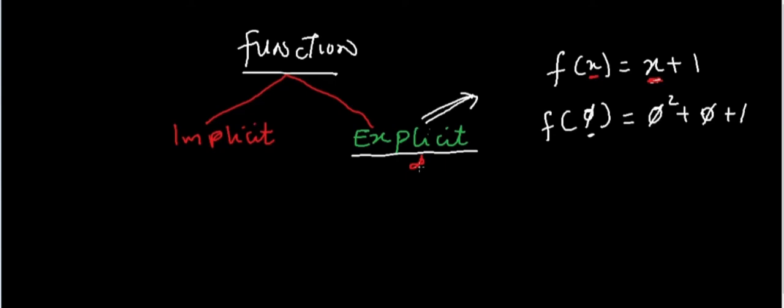But when we talk about implicit functions, they are just like the opposite of this. An implicit function is a type of function that I express with respect to more than a single variable. For example, if we have f of x comma y, in this case you'll be having two variables, because I'm having x and y.